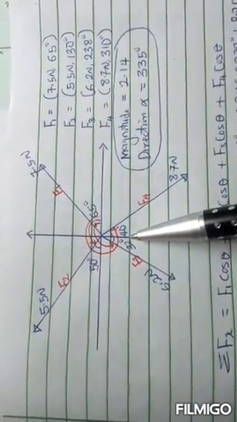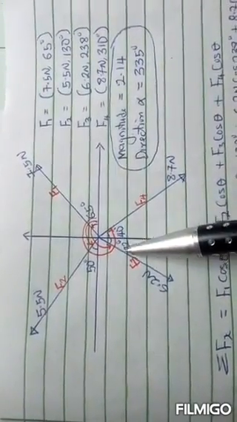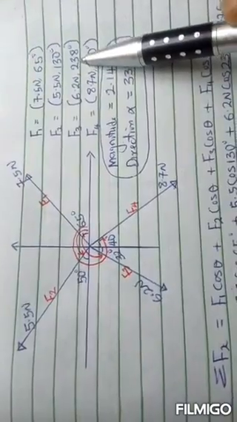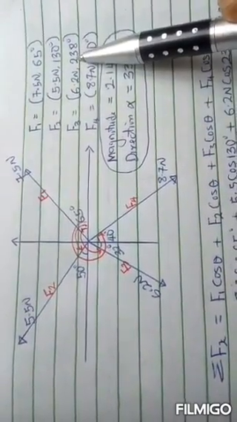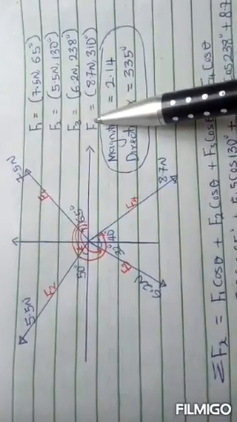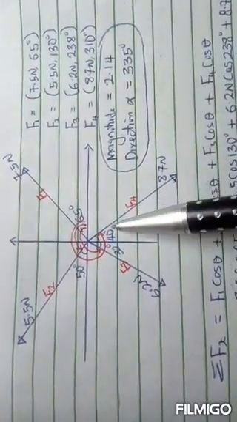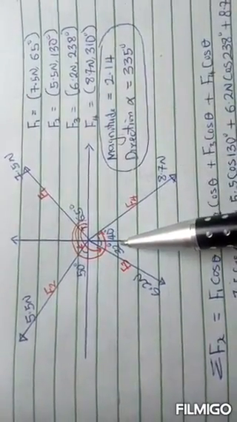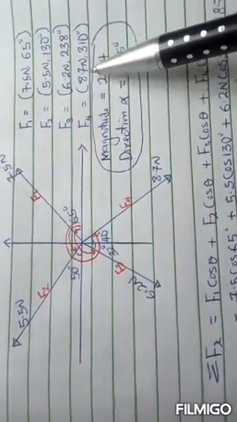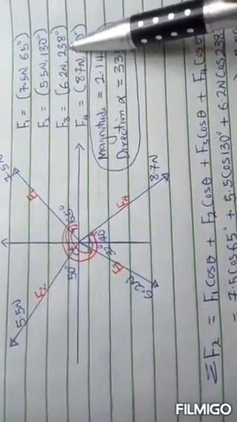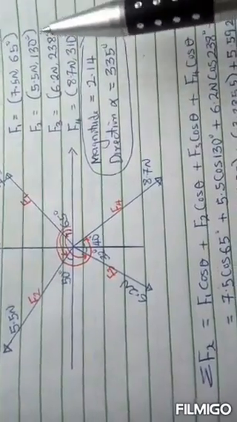That's 270 degrees. Take away 32, you have 238 degrees. So that is the direction. Then force 4 is 310. 40 plus 270 will give you 310. So I've gotten the polar form, the magnitude and direction of all the forces, so that I can conveniently use the formula.